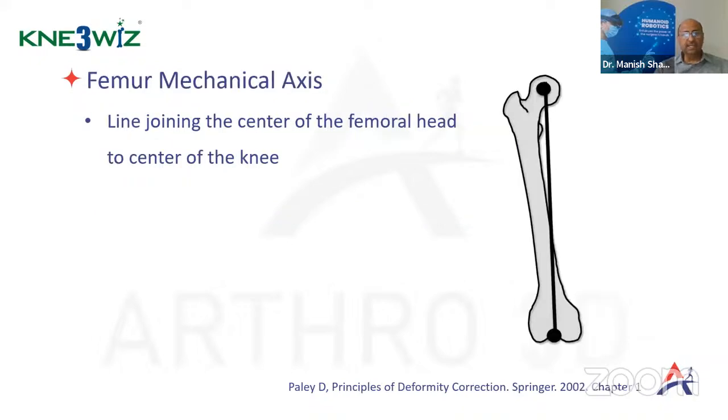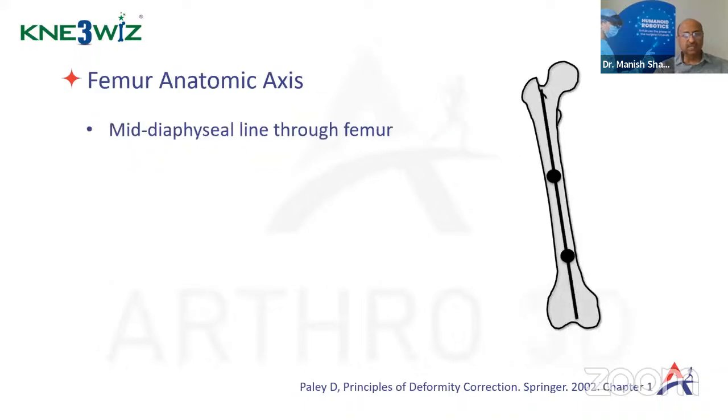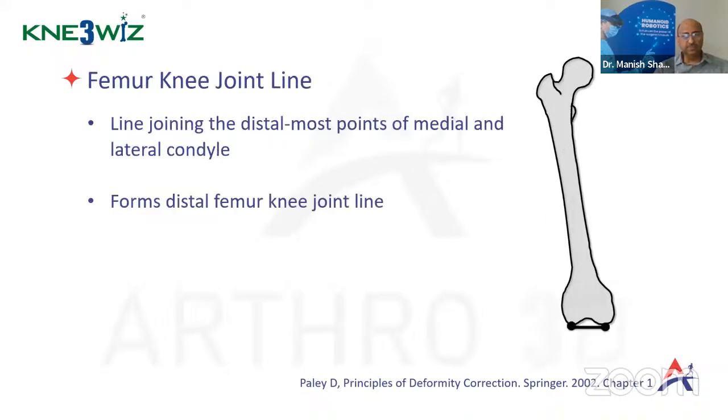The femur mechanical axis is the line joining the center of the femoral head to the center of the knee. The femur anatomic axis is the mid-diaphyseal line through the femur. The femur knee joint line is the line joining the distal-most points of the medial and lateral condyle. It represents the distal femur knee joint line.